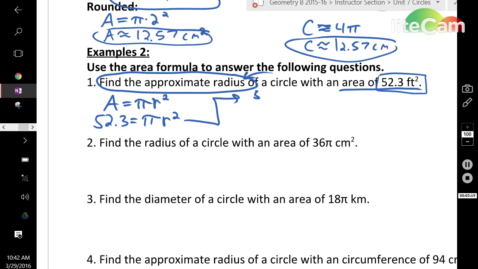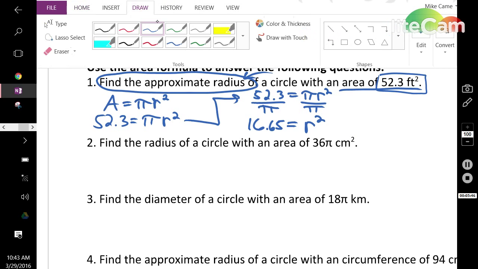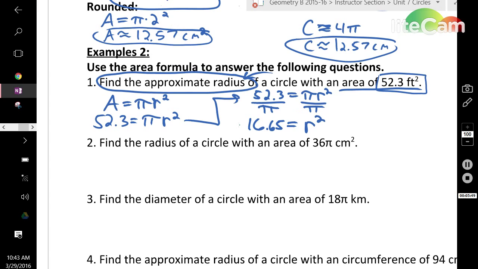So I'm going to rewrite the equation over here so I have a little bit more room. 52.3 equals pi times r squared. First step, divide both sides by pi. So I have r squared. And 52.3 divided by pi is approximately 16.65. Now to get rid of the power of 2, the square, you're going to square root both sides.